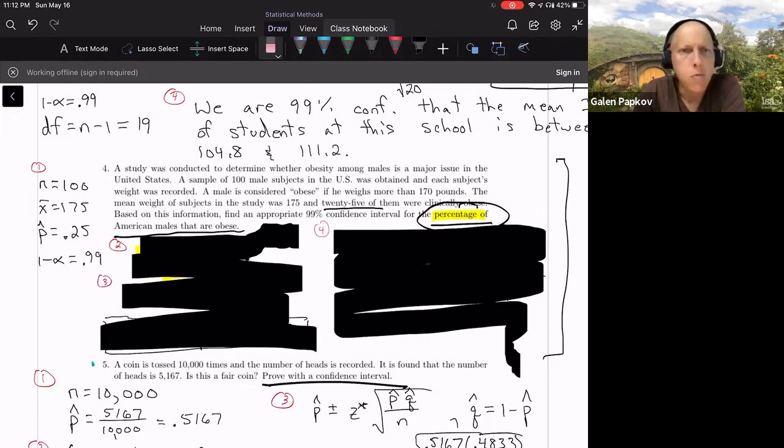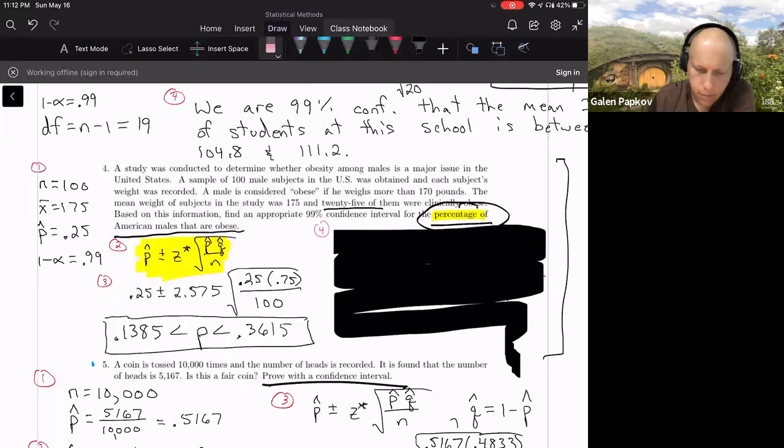We've got p hat, we can get q hat, which is just 1 minus, so that's going to be 0.75. We have n. We know that for a 99% confidence interval for the Z table, it's going to be 2.575. So we can plug in and get our interval to be p between 0.1385 and 0.3615.